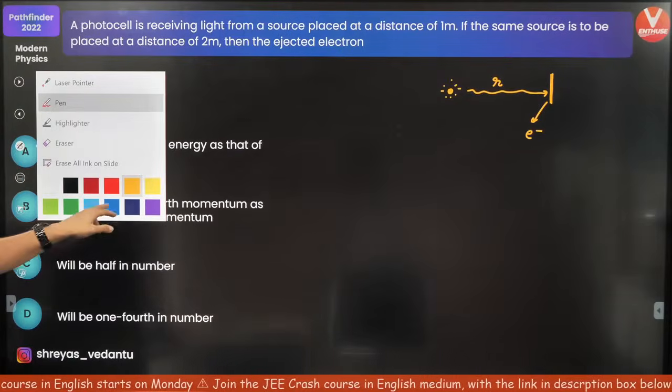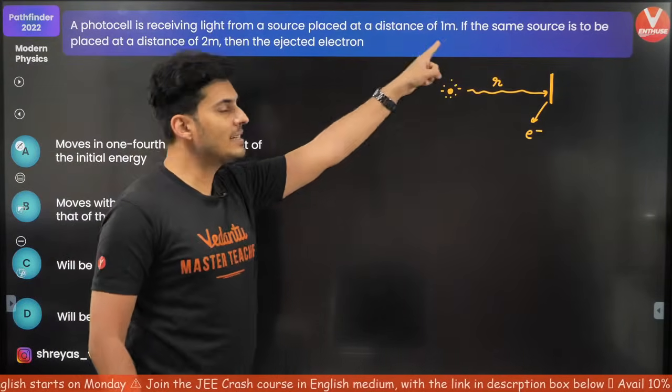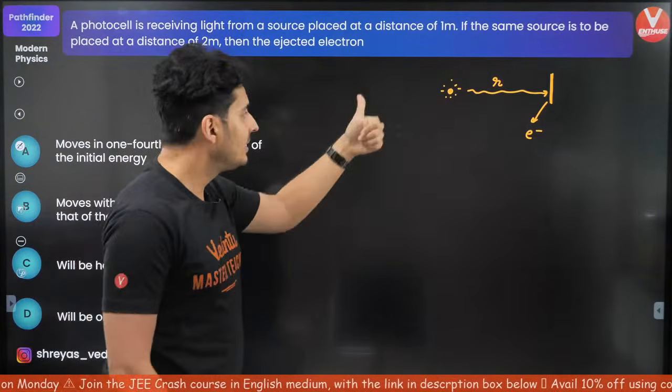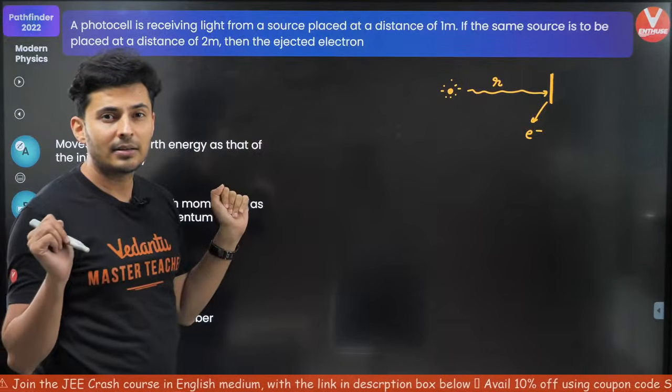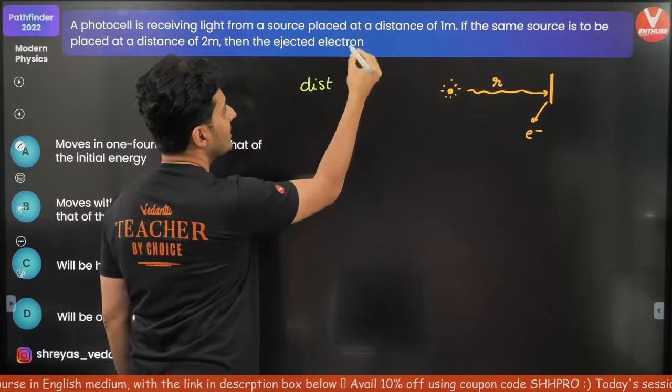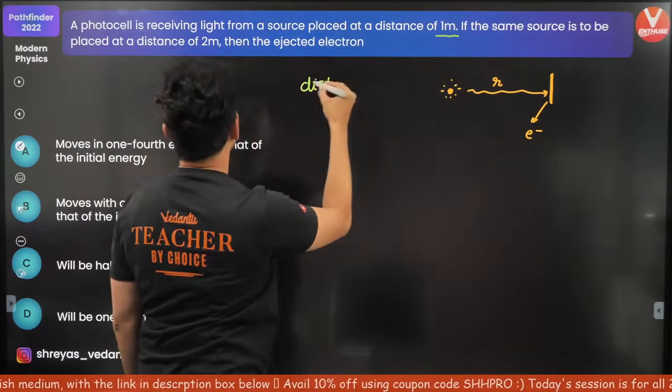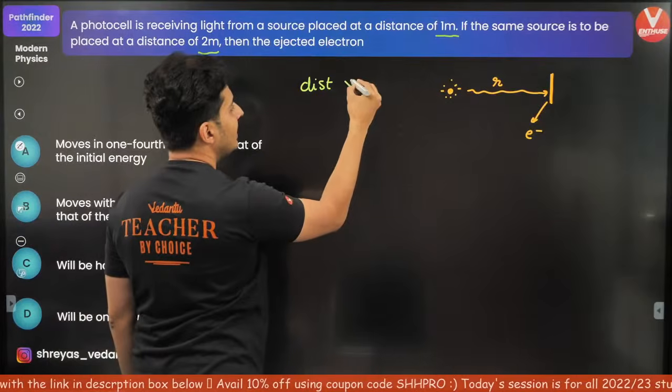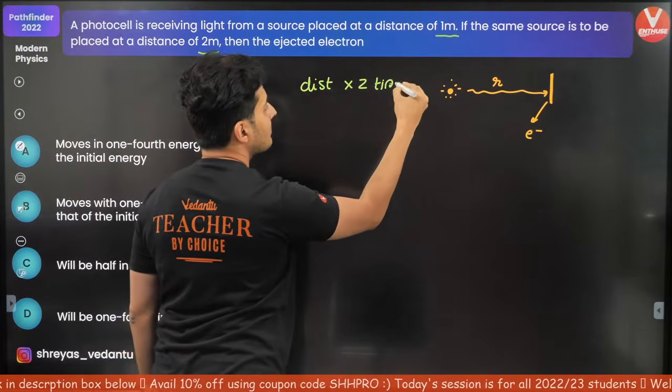Okay, interesting question. So first of all, when you change the distance, what happens? Distance and intensity are related. Remember that? So here, when the distance goes from 1 meter to 2 meters, basically distance has been made 2 times.